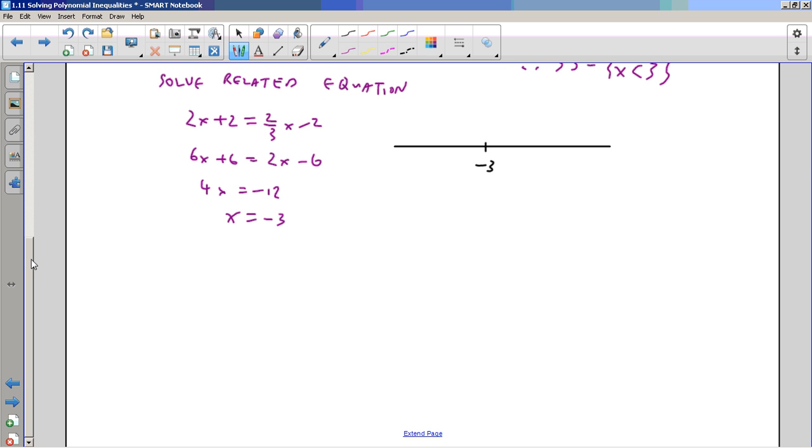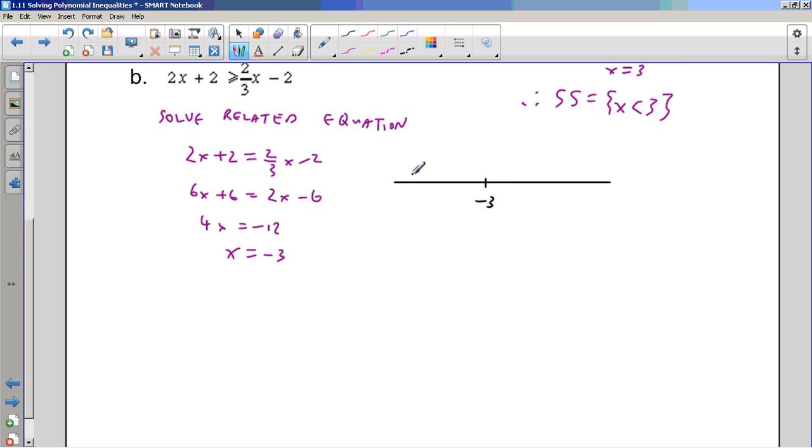And I know that since the original inequality was greater than or equal to, that's a solution. The question is, is this over here all shaded in or not? And same thing on the other side. So what we do is we try a test point. A test point over here might be something like, well, is -5 a solution to this? On the left side is 2 times -5 plus 2, and that's -10 plus 2 is -8, where the right side is 2/3 of -5.